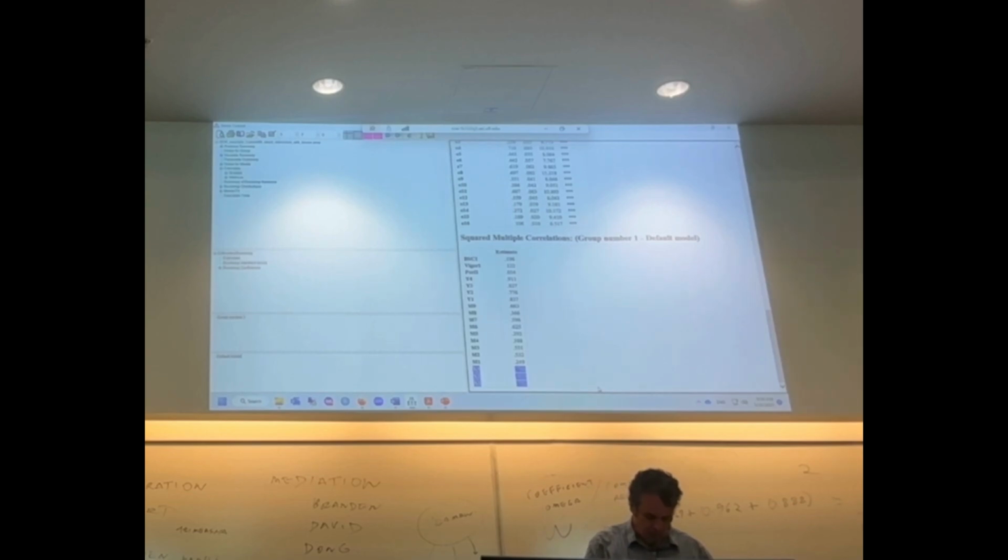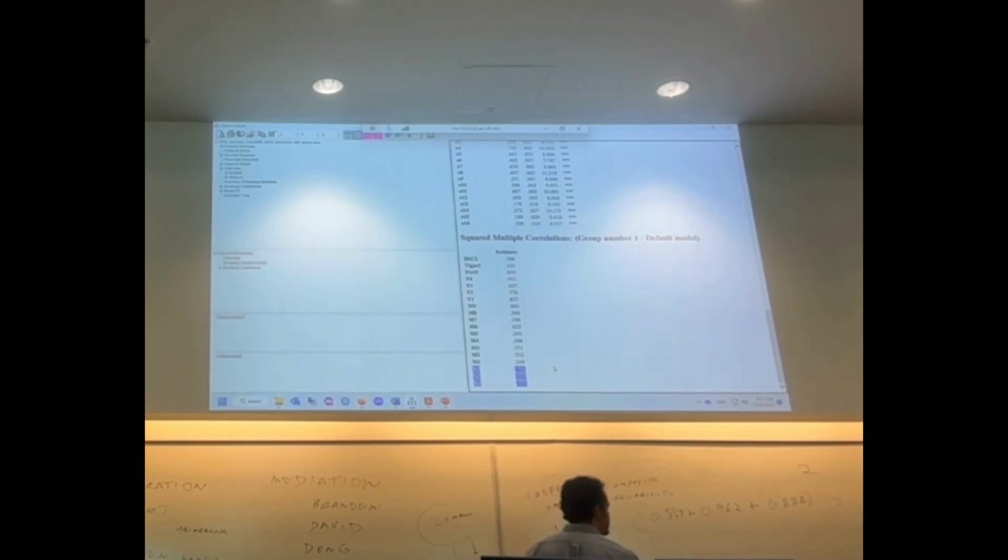Oops. So what I did here, right, I took what the R squares were, and I did 1 minus the R squared. I got what the error variances were, okay? So that's the proportional variance that's due to error.